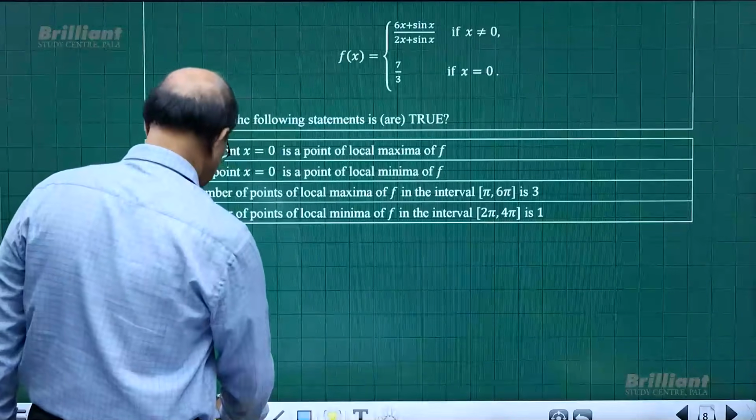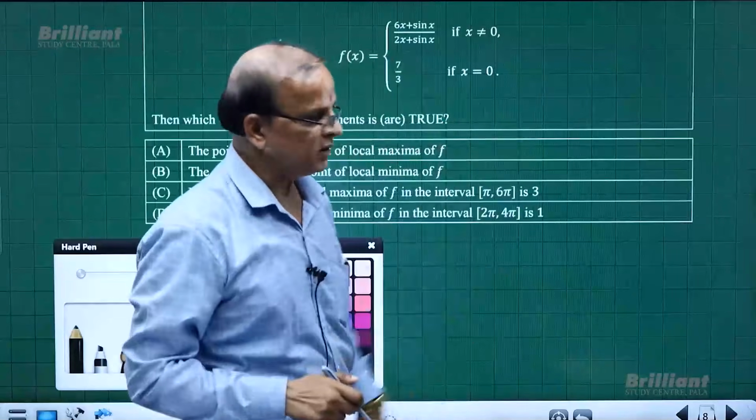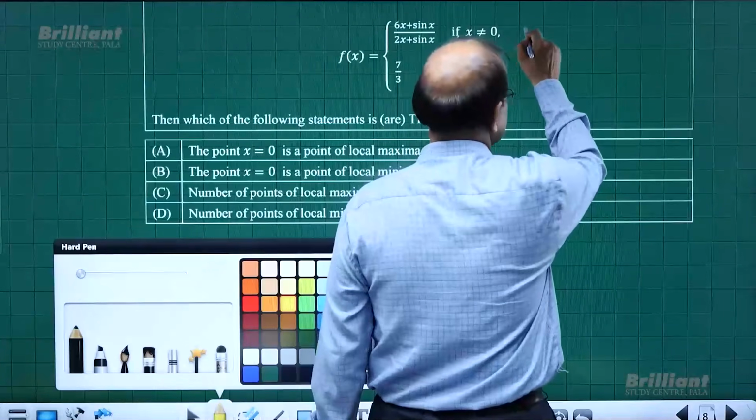So, because it is continuous, we will find out f dash x.